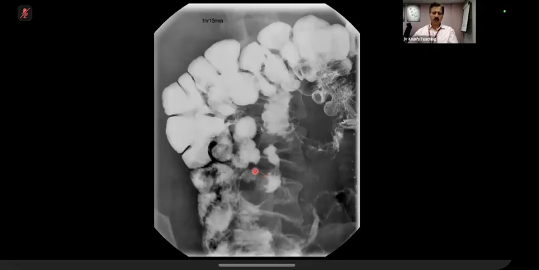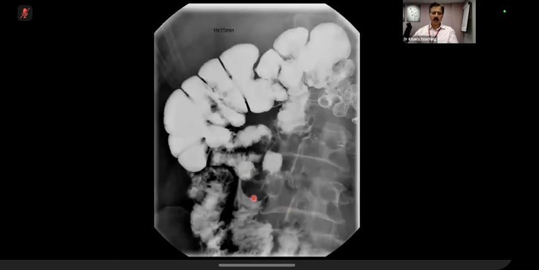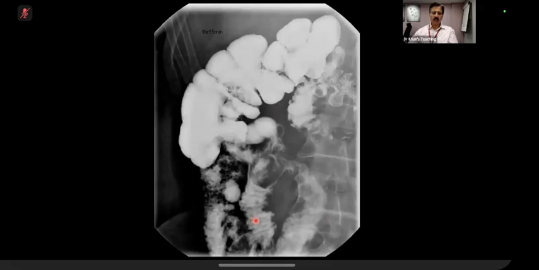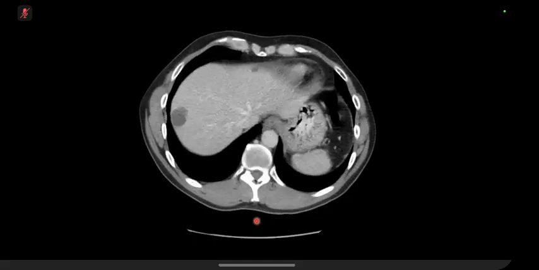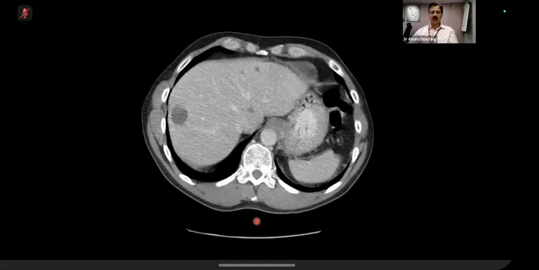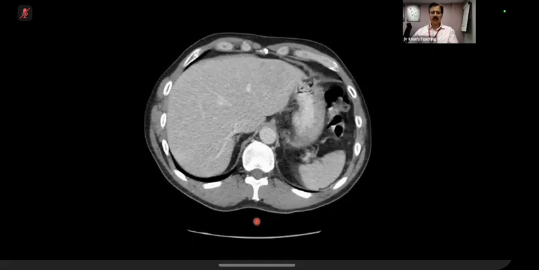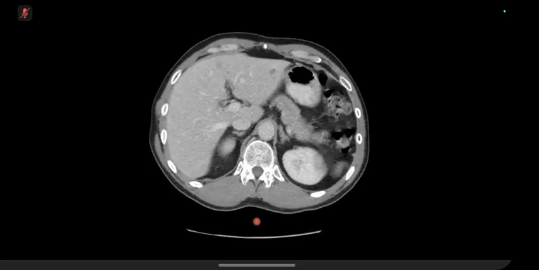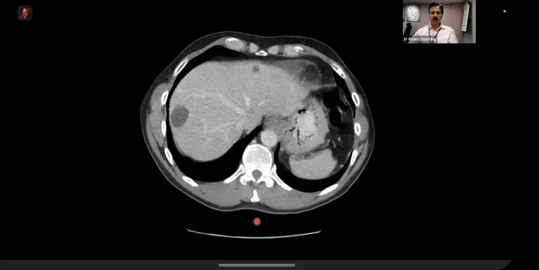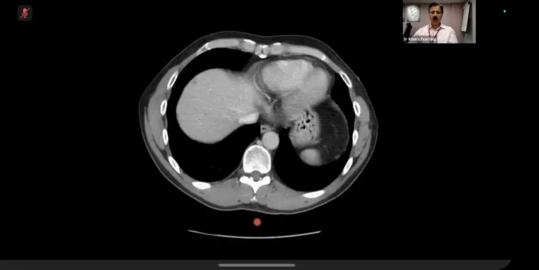for a long case. On a barium examination, you can see this filling defect. Subtle but definite, because it is persistent and you can see loops here. And then on a CT scan, one thing is that there was a metastasis in the liver. And on these films, it was missed. Why was it missed?